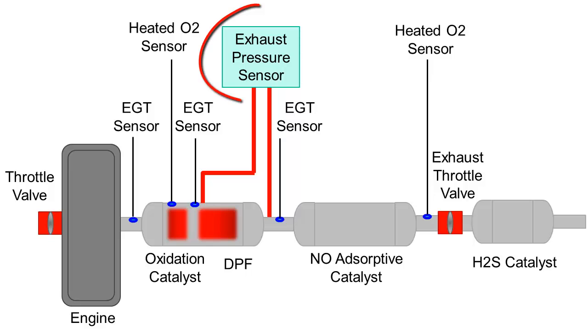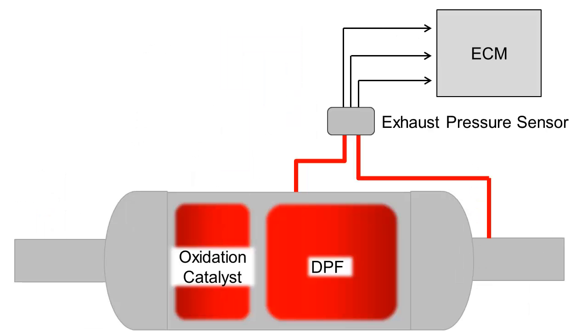The exhaust pressure sensor, or exhaust differential pressure sensor on some applications, measures pressure drop across the DPF. It's used in DPF soot load calculation. It's a 3-wire sensor with a 5-volt ref, a ground, and an analog signal.